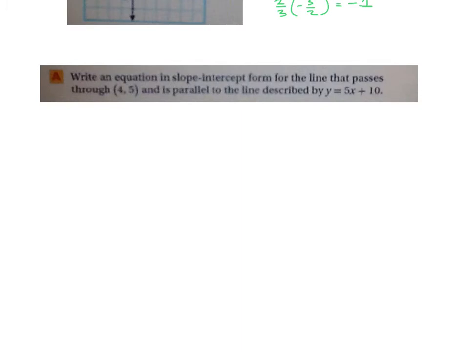Okay, now we're going to write some equations. So we're going to write an equation in slope-intercept form for the line that passes through (4, 5) and is parallel to the line described by y equals 5x plus 10. Step 1 is to find the slope.